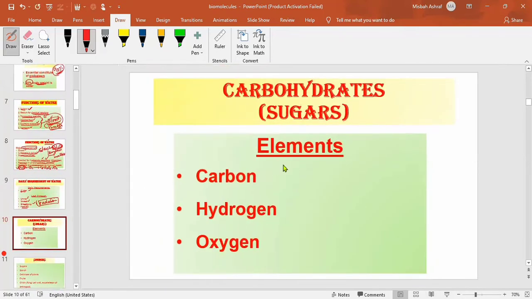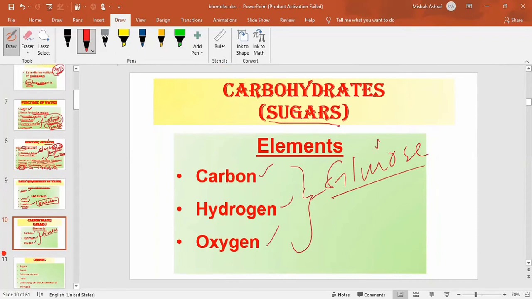Okay, carbohydrates. These are also known as the sugars. Like we use the word sugars for all the carbohydrates, and these are made up of carbon, hydrogen, oxygen. These elements first form a monosaccharide, or you can say glucose. Let's take the example of glucose.